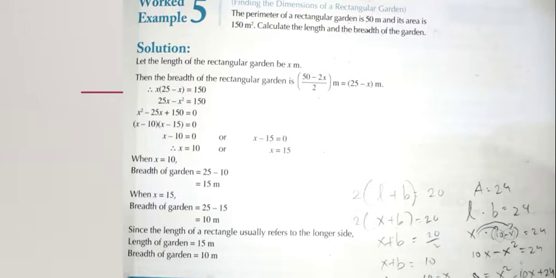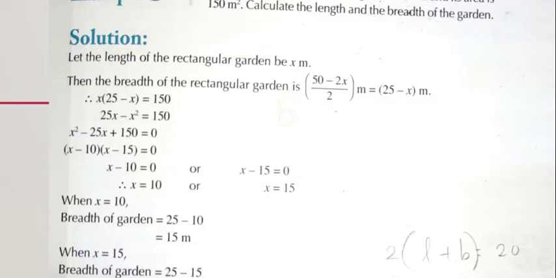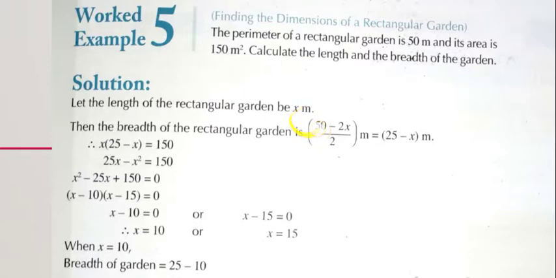Okay, so you can obtain the breadth by doing the perimeter minus 2 times length. That means 2 times x over 2. It will always be over 2, because the perimeter is constructed by 2 lengths and 2 breadths, right?